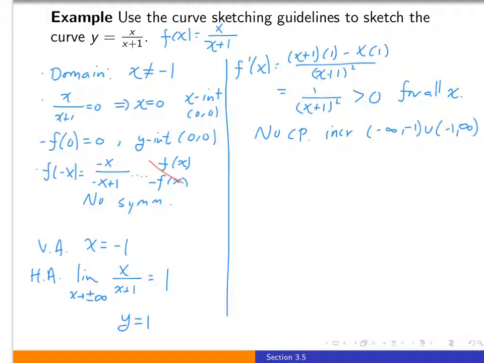So now on to intervals of concavity. So f double prime of x. In order to differentiate this, it's probably best to think of f prime in terms of the chain rule. It's x plus 1 to the minus 2.